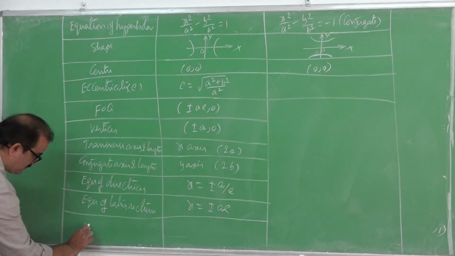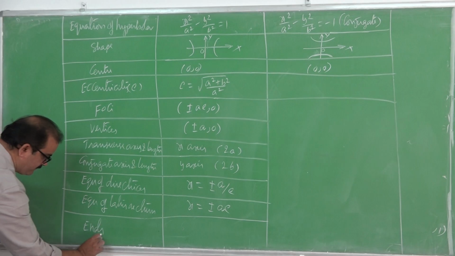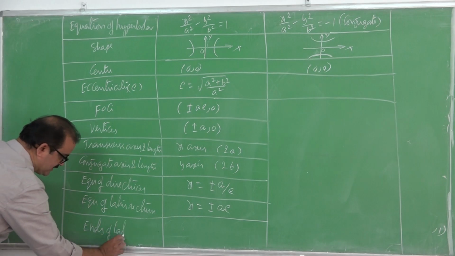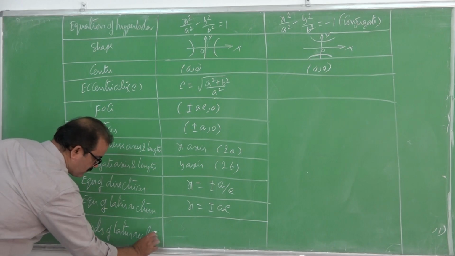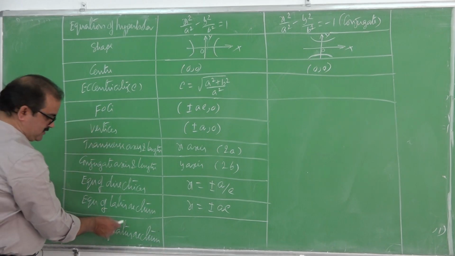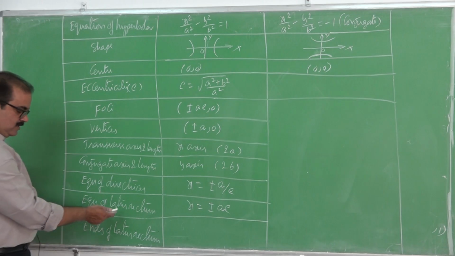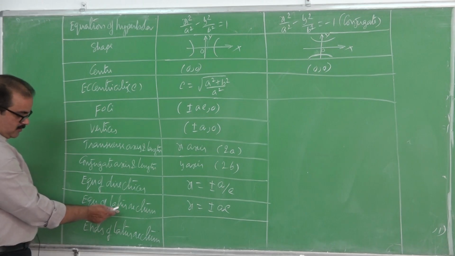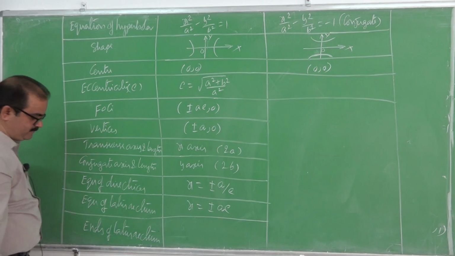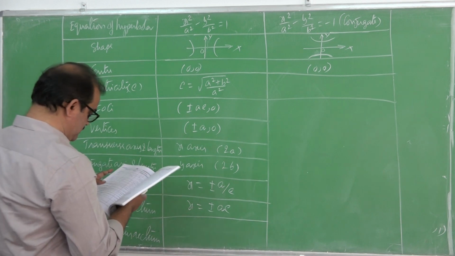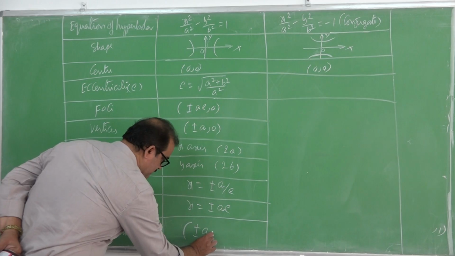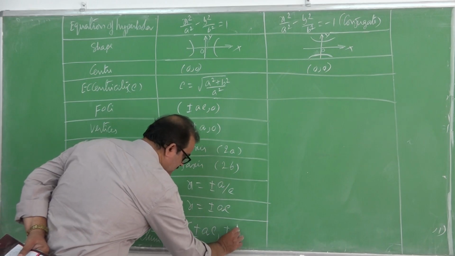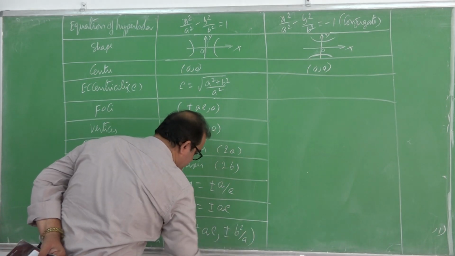Next, ends of latus rectum. We already discussed this latus rectum concept in ellipse. It is a focal chord perpendicular to axis. Ends of latus rectum: plus or minus AE comma plus or minus B square by A.